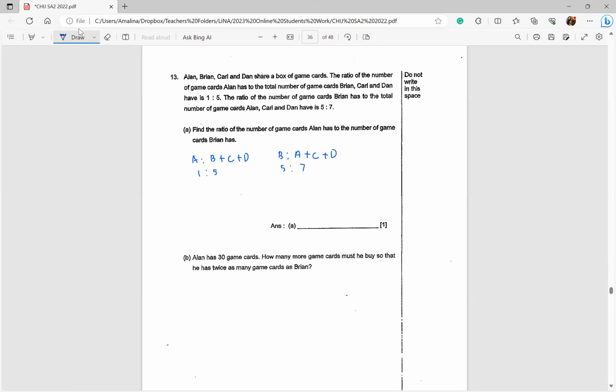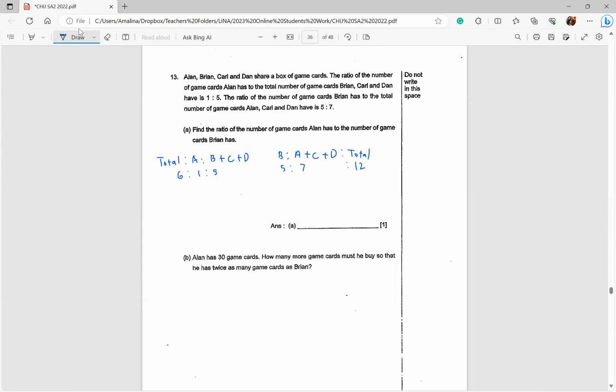Now, once you plot your ratio, look for your common base. So my common base in this case is actually my total. Okay, total is our common base. So my total here will be 6. My total for my right-hand side will be 12. So since my total is the common base, I must make sure that my numbers tally. Right now it doesn't because my left side here is a 6.